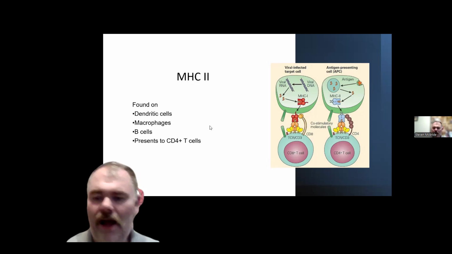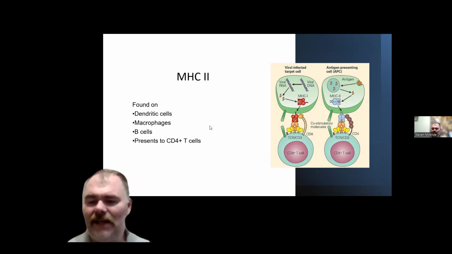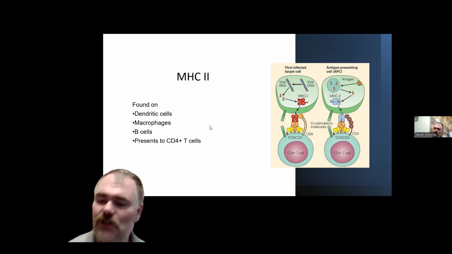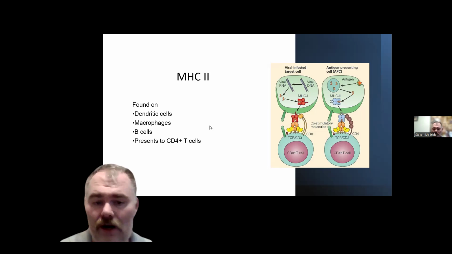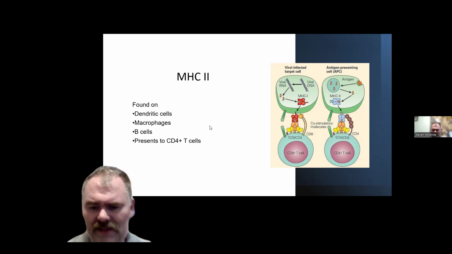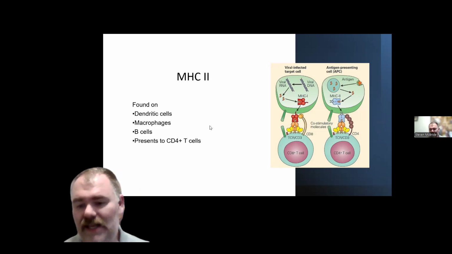For example, a dendritic cell may engulf a bacterium, digest it, and then display bacterial peptides on MHC2 molecules. Helper T cells, also called CD4 plus or CD4 positive T cells, recognize antigens presented on MHC2.